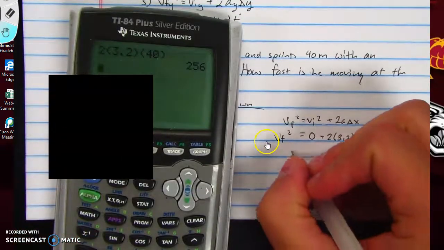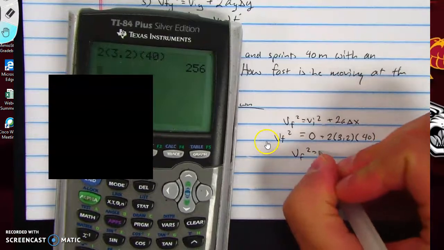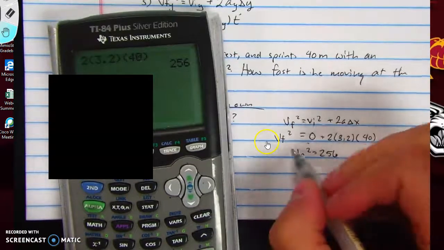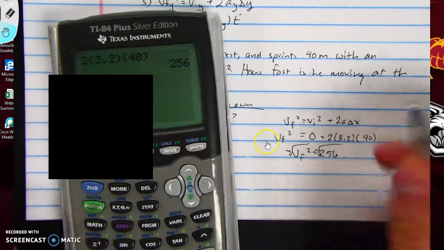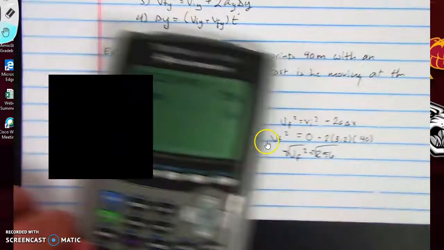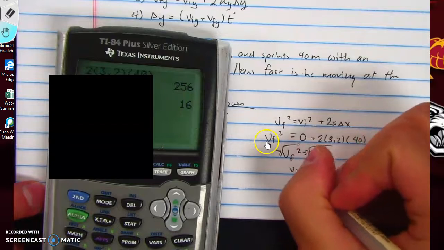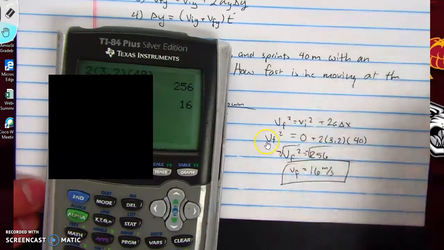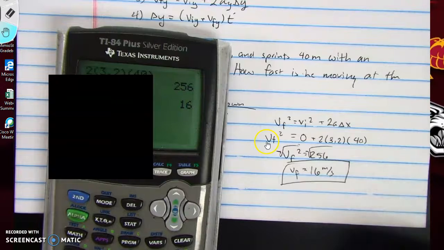So I have v final squared is equal to 256. And then because it's squared, square root both sides. So the square root of my answer gives me an even 16. V final is 16 meters per second. And I did not even plan that one out. Awesome. Got a nice number there.